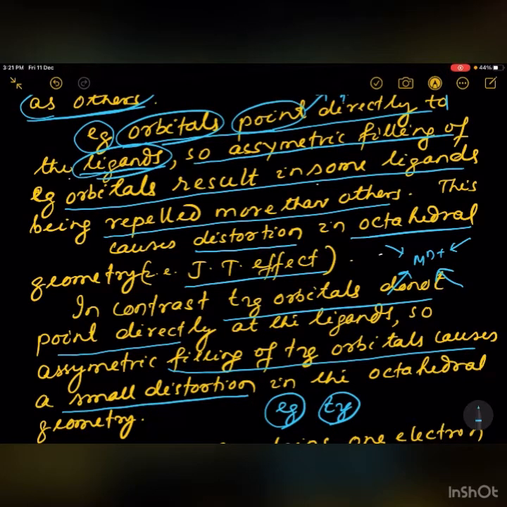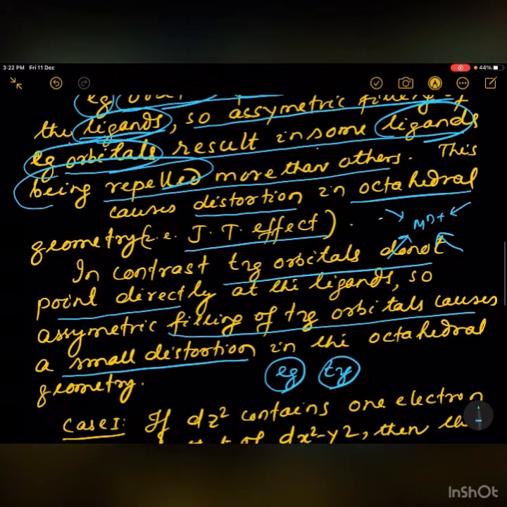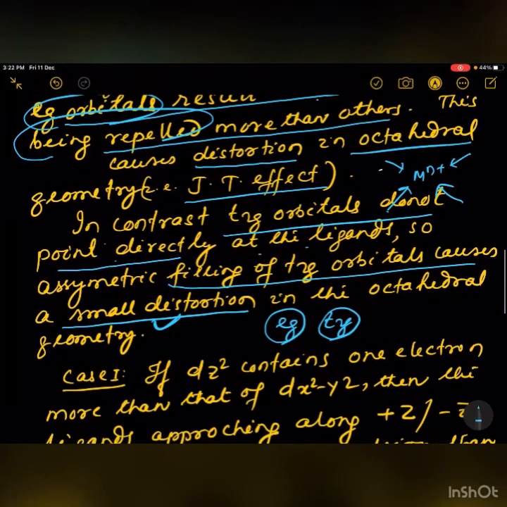So asymmetric filling of EG orbitals results in some ligands being repelled more than the others. But in case of T2G, they do not point directly at the ligand. So asymmetric filling of T2G orbitals causes a small distortion in the octahedral geometry.